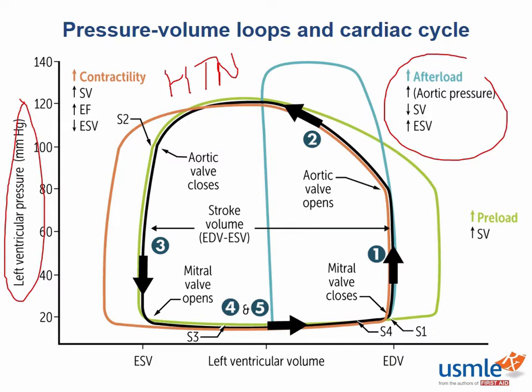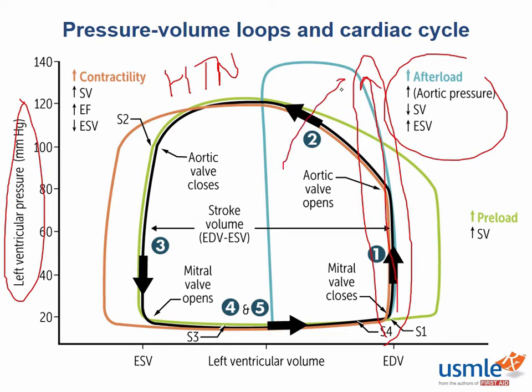So we can see that in our period of isovolumetric contraction, there needs to be a much longer isovolumetric contractile period to reach the left ventricular pressure that is great enough to push the aortic valve open. The left ventricle must contract that much harder to reach that pressure necessary to open up the aortic valve.